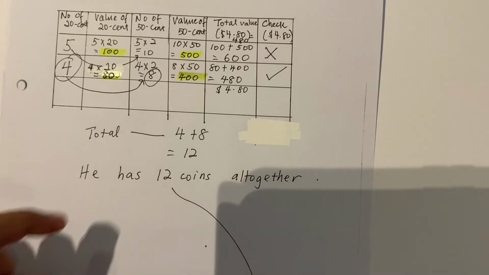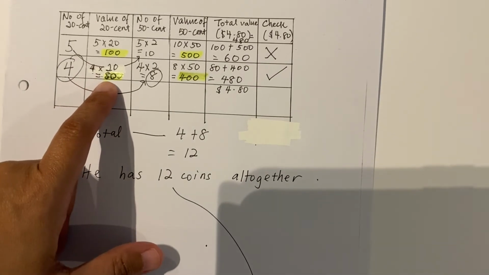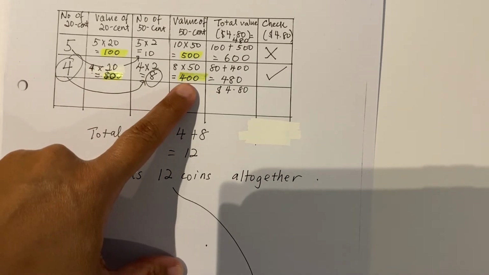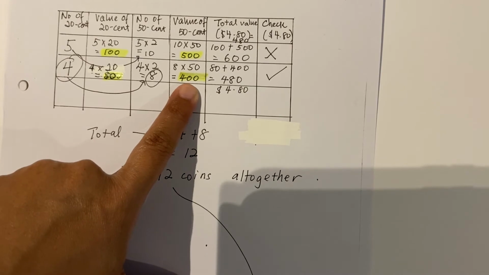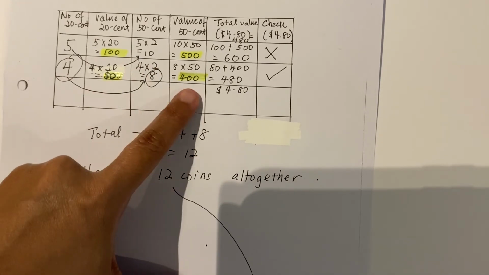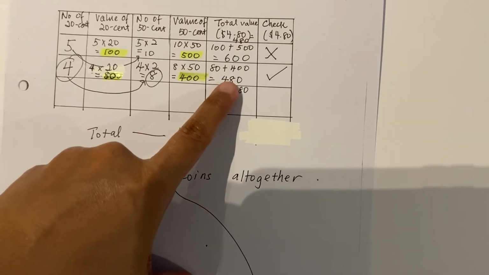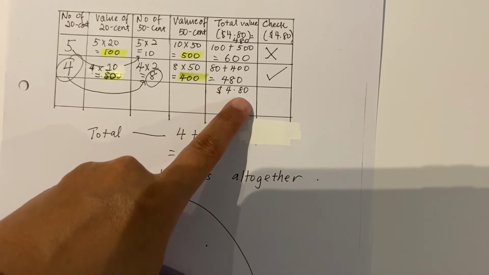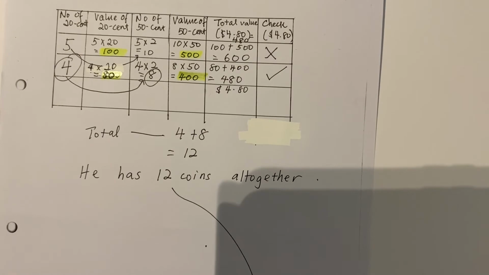Okay, is everybody okay? So here, remember, it's 80 cents here. And this part here is actually $4 when you change it to dollars. But here they are still in cents. So it's 480 cents. When I convert it to dollars, it's $4.80. Okay, right.